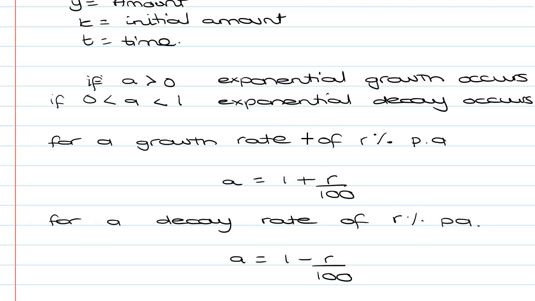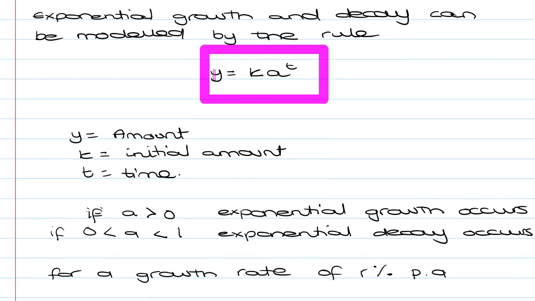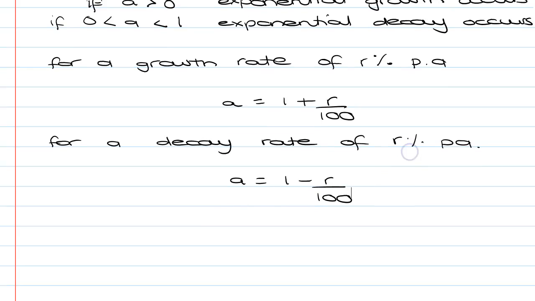So if we're talking about a financial situation, we might be talking about a percentage increase of some kind. So this growth rate regarding this formula y equals ka to the t, let's just look at this a. If we're increasing an amount of money, we have a percentage. Now, p.a. in the financial industry stands for per annum, and it really means per year. That's very important.